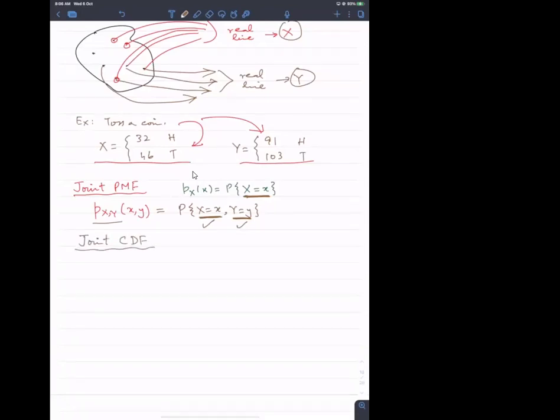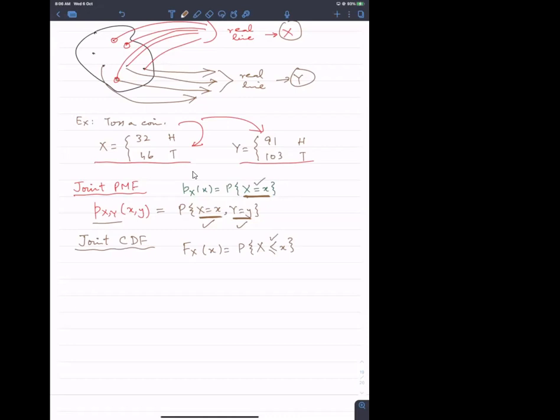Okay. So similarly, we can define the joint CDF, cumulative distribution function. And once again, if you recall, for a single random variable, the CDF was the probability that X takes a value less than or equal to small x. Accumulated values. Here X is equal to x, here X is less than or equal to small x.